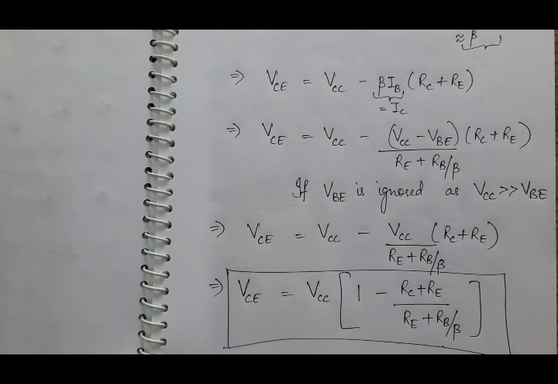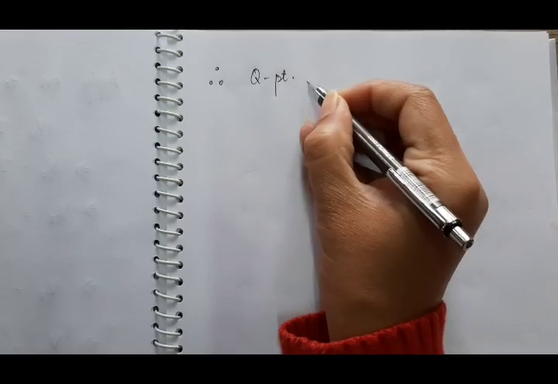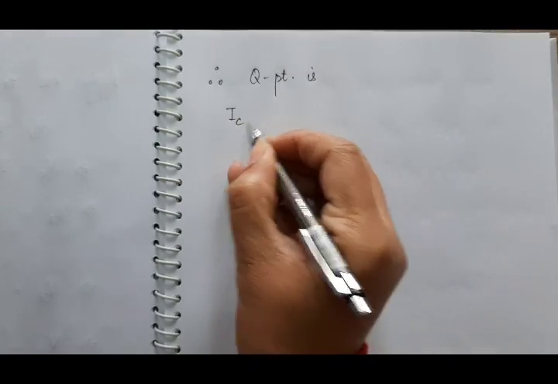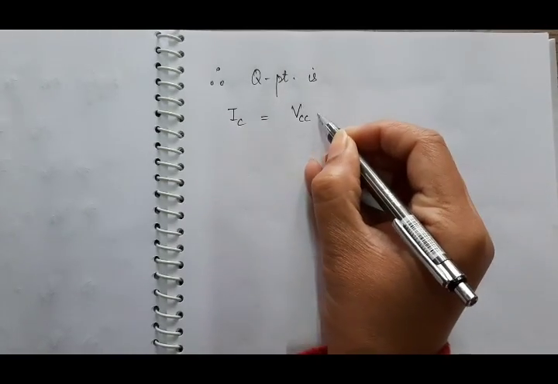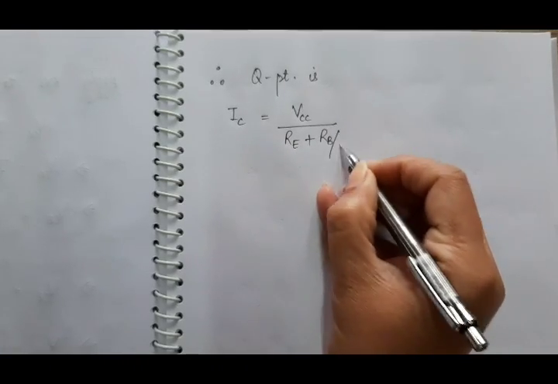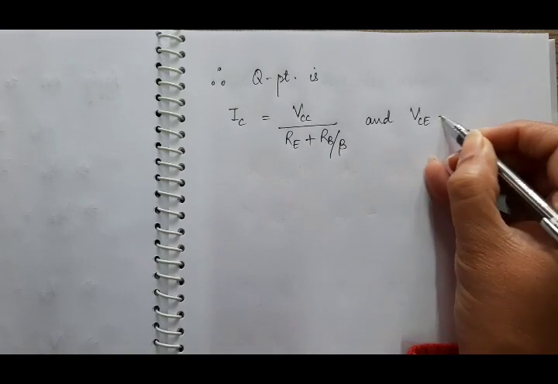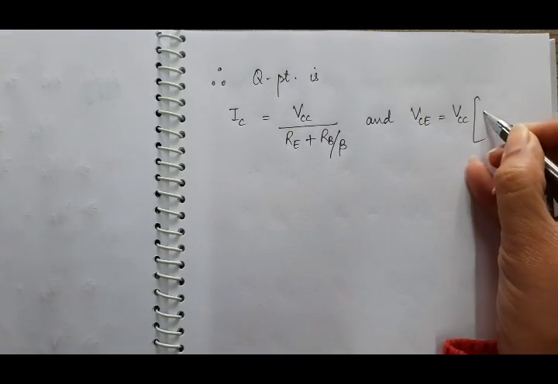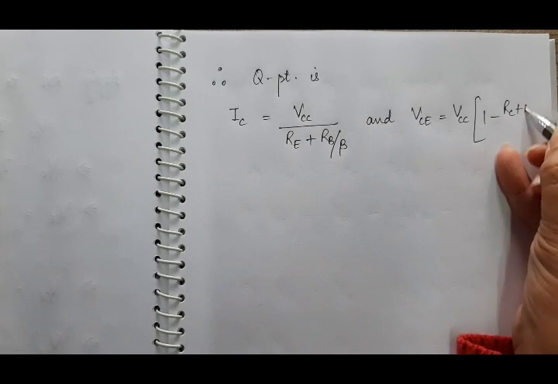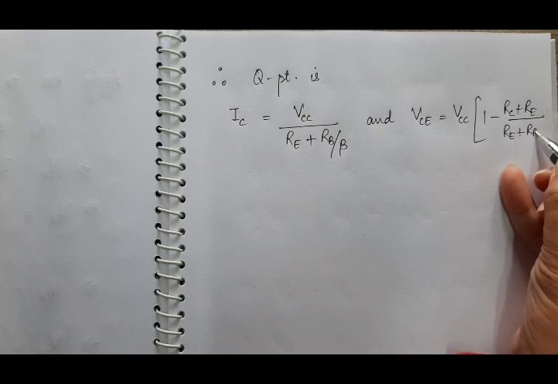So now we have both the coordinates of operating point. Therefore, Q point is IC is equal to VCC upon RE plus RB by beta, and VCE is equal to VCC into 1 minus RC plus RE upon RE plus RB by beta.